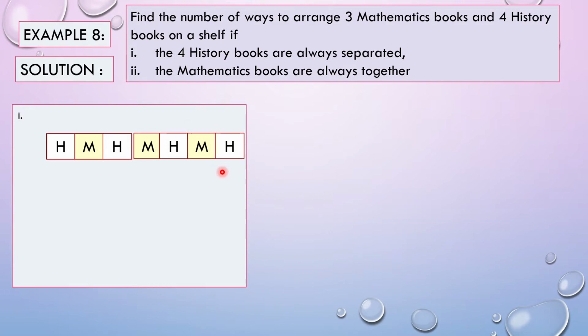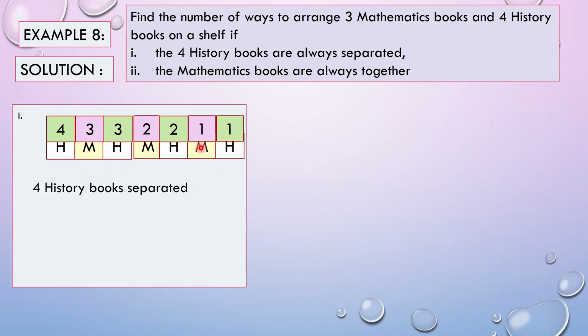Therefore now we just arrange the history books and mathematics books. For the history books it will be 4 factorial, or 4 times 3 times 2 times 1, and for the mathematics books it is 3 times 2 times 1 or 3 factorial. So total arrangement will be 4 factorial times 3 factorial equals 144.